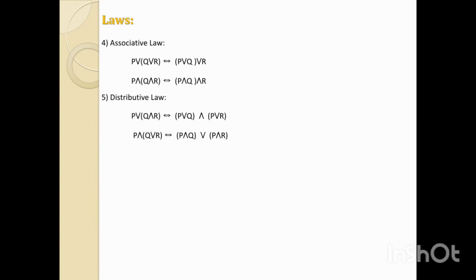The fifth is the distributive law. If we have different symbols inside and outside brackets, then we can distribute one variable over the other variables.